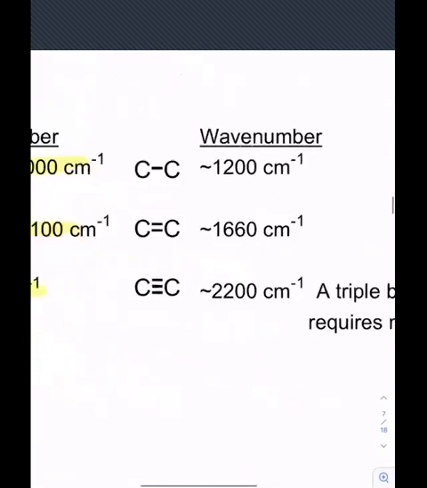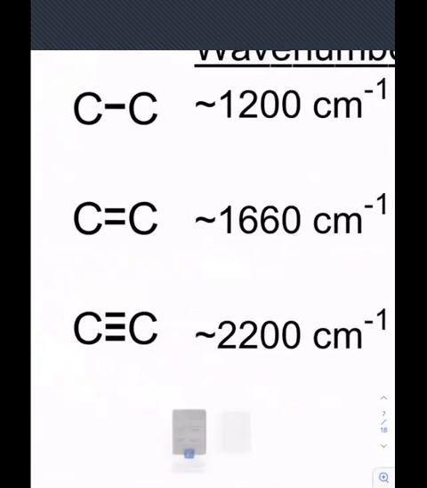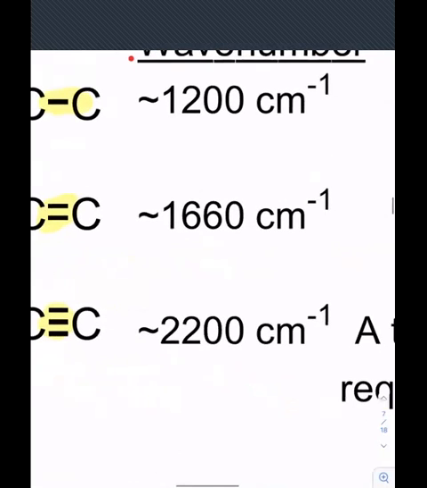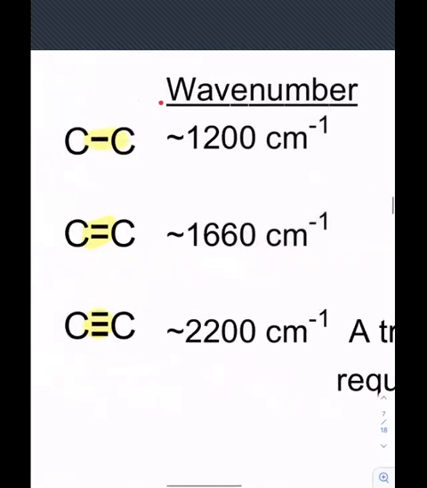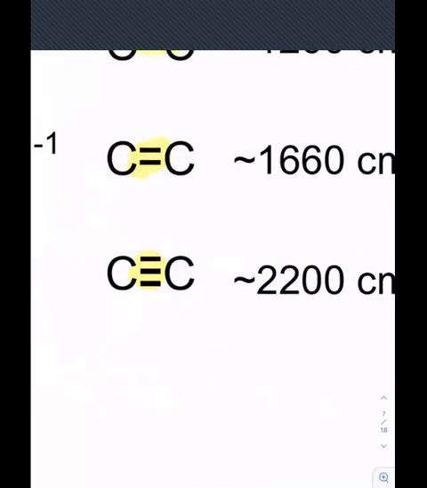And then over here, if we're looking at CC bonds, right? As you can imagine, a single bond takes less energy to get that to vibrate than it does for a double bond, than it does for a triple bond. Again, you can see the numbers going up from 1,200 to 1,660 to 2,200. Again, the carbon-carbon triple bond is a short, strong bond.